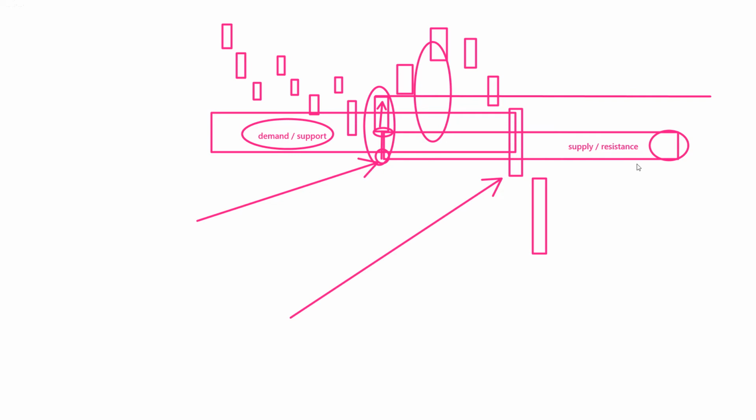So if we have 3R to the downside, once the market is going to get back, we should see some kind of reaction to the downside. So again, that's our demand, support, that's our powerful candle, somewhere around this level. It doesn't have to look like this.